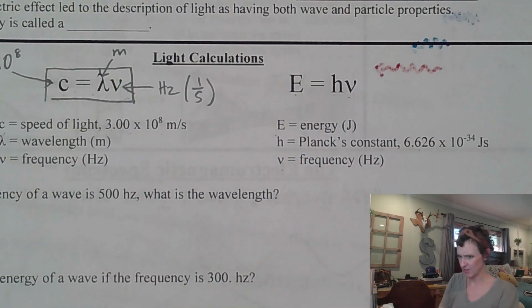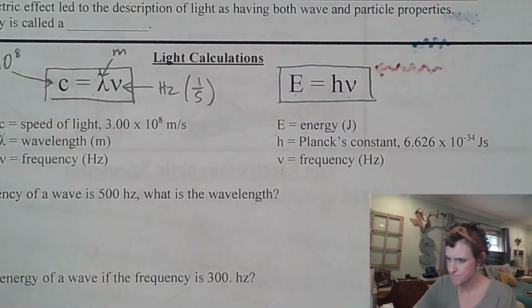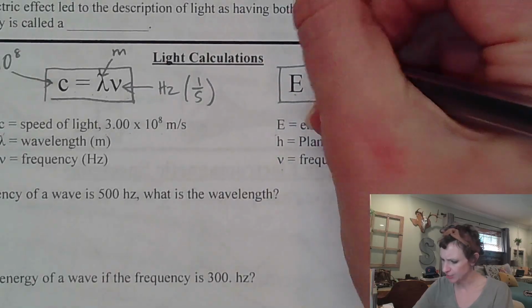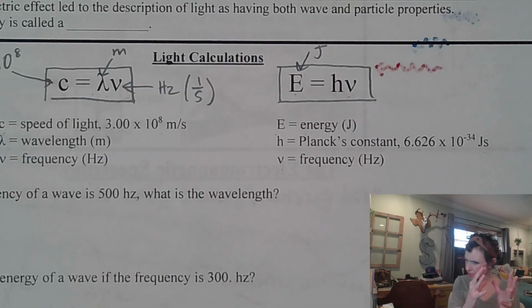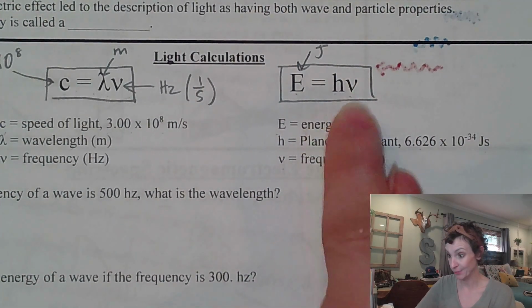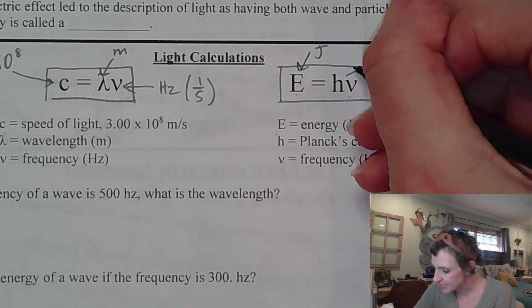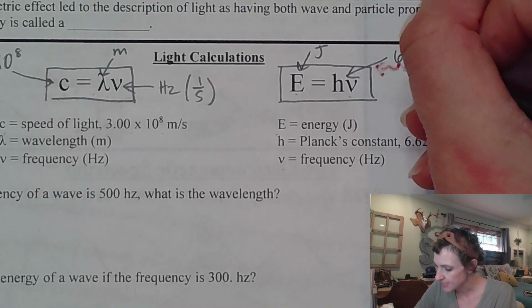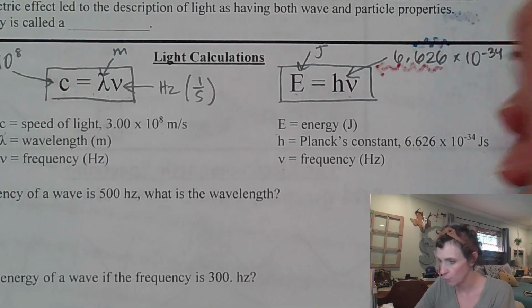So let's kind of map out the units of this equation like we had on the other one. Okay, so energy, we said our units are joules. So that is a capital J. Now, joules is going to be given from something else coming into it, right? That means the product of whatever these two units have to spit out joules at the end. Well, h we said is our constant. That's Planck's constant, 6.626 times 10 to the negative 34th.